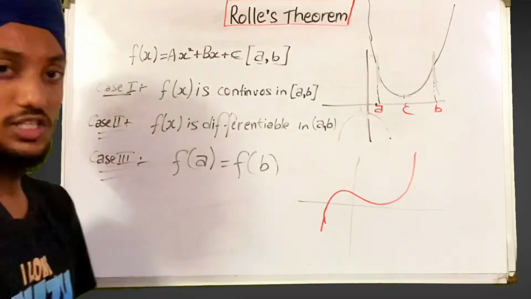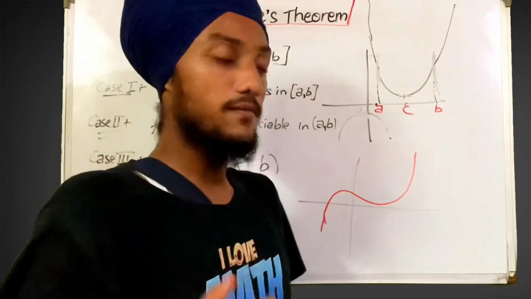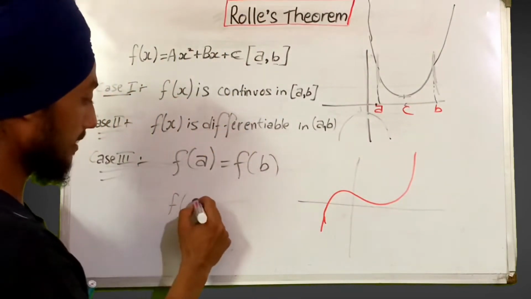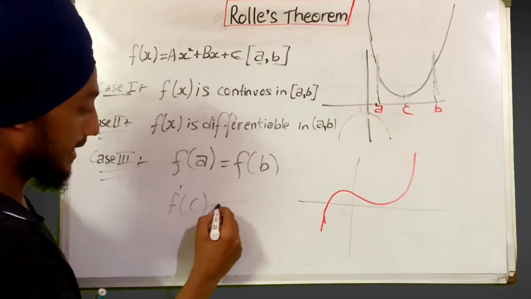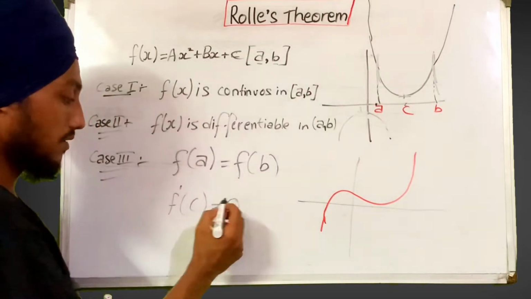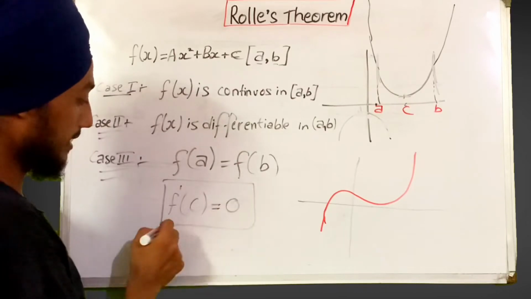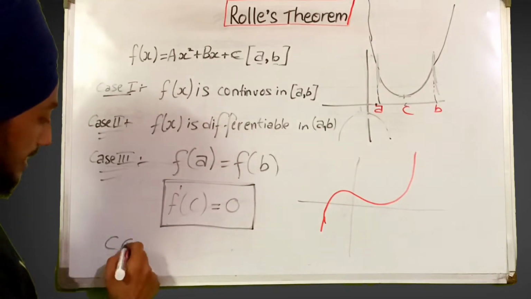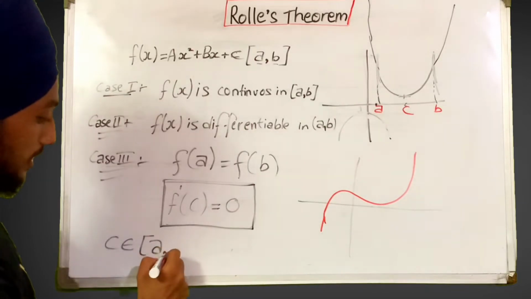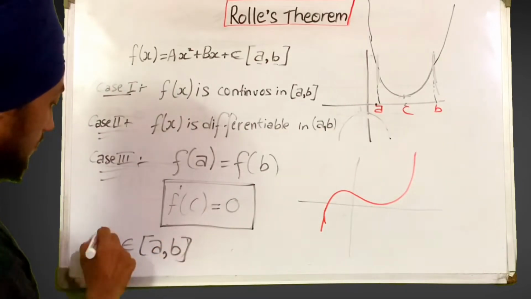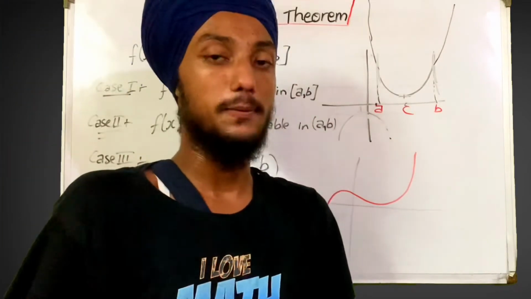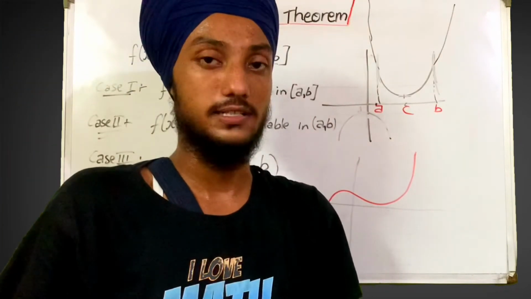If these three conditions are satisfied, then we can say that there is some point c such that the slope of the function, that is the derivative of the function at that point, which lies between a and b, should be 0. This can be derived from mean value theorems, which we will discuss in upcoming lectures.